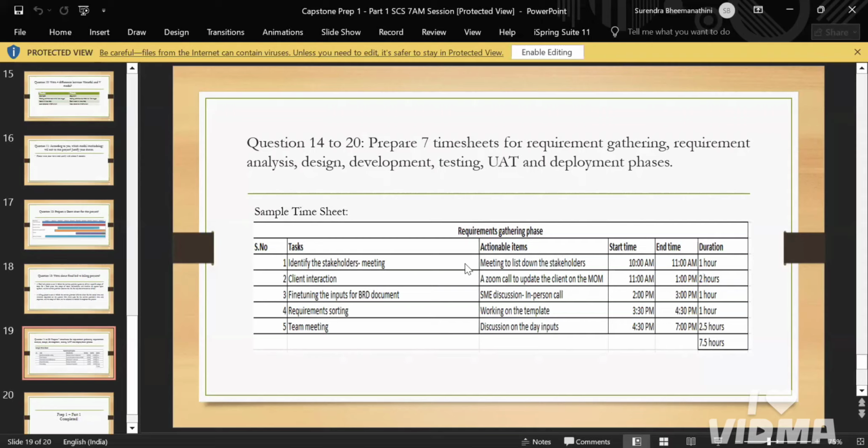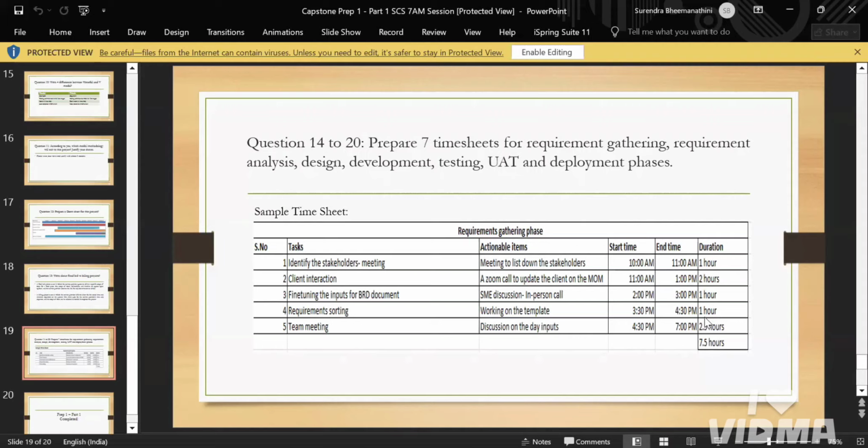You need to write down the tasks you have done for the requirement phase, analysis phase, design phase, all these things, and how much time you have taken. For example, one employee in the software industry works for 8 hours.